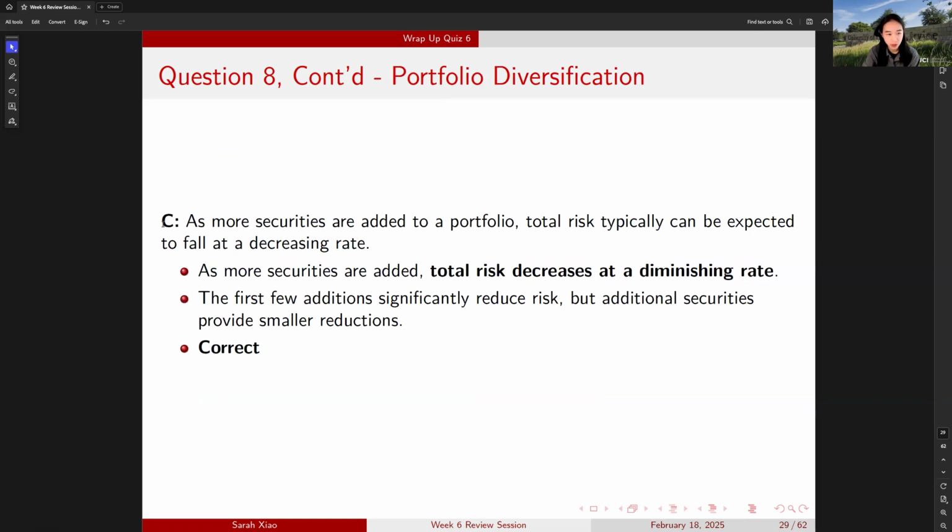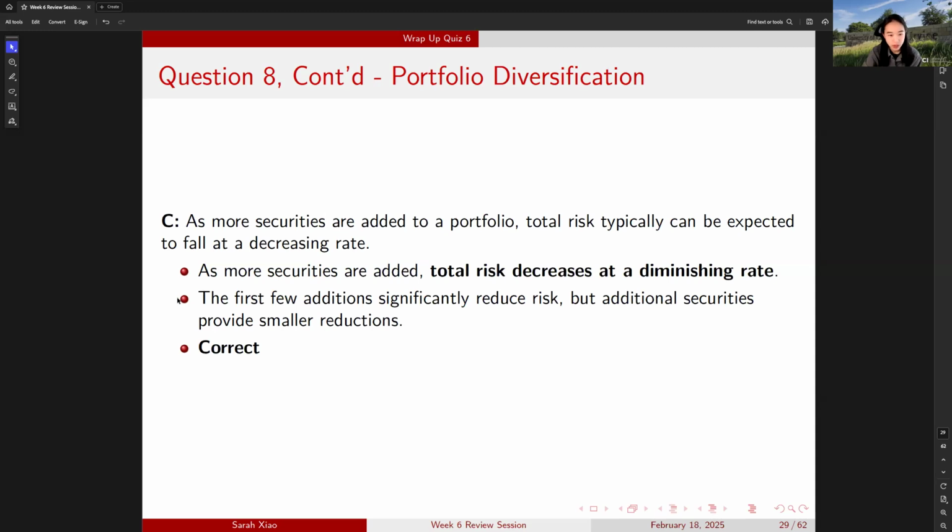Finally, we look at option C. As more securities are added to a portfolio, total risk typically can be expected to fall at a decreasing rate. So here we notice that as more securities are added, total risk decreases at a diminishing rate.